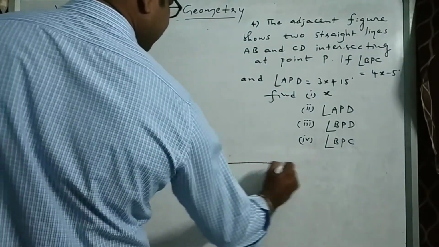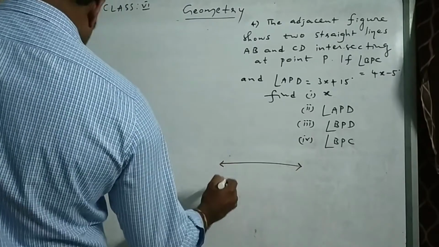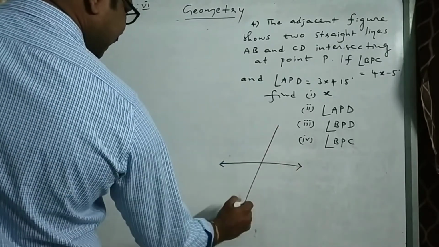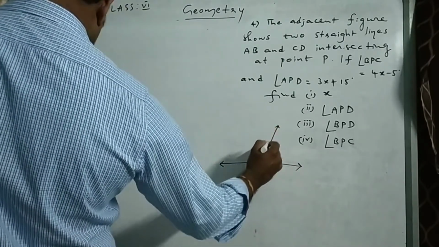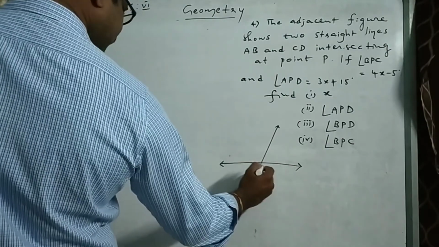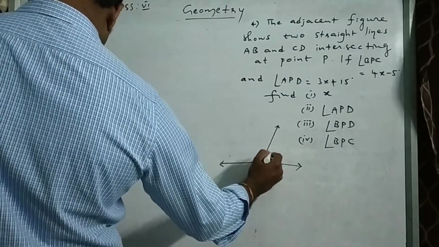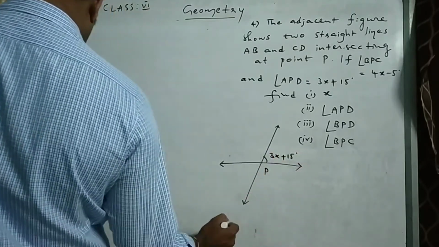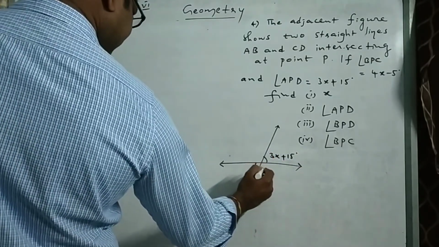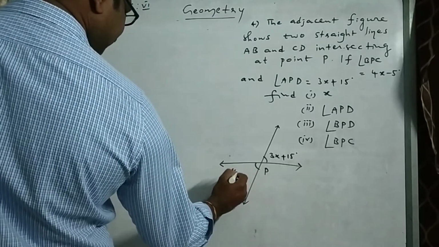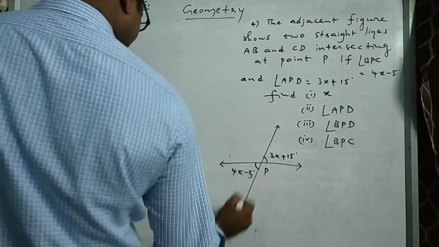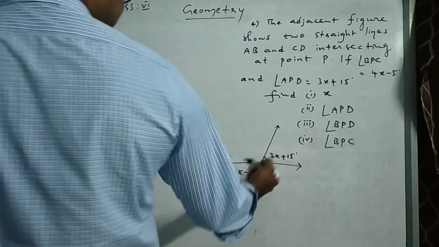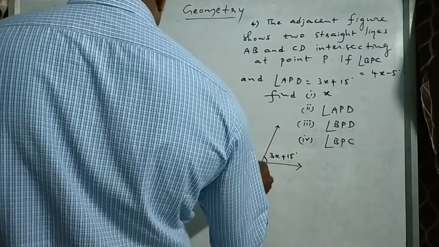See the diagram. So two straight lines are cut like this, intersecting lines. This is P, this is 3x plus 15, this is 4x minus 5. Vertically opposite angles, right? They are equal.